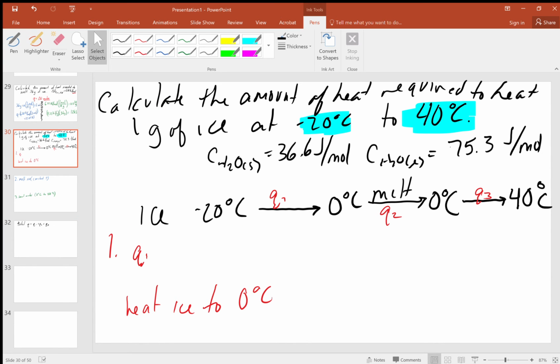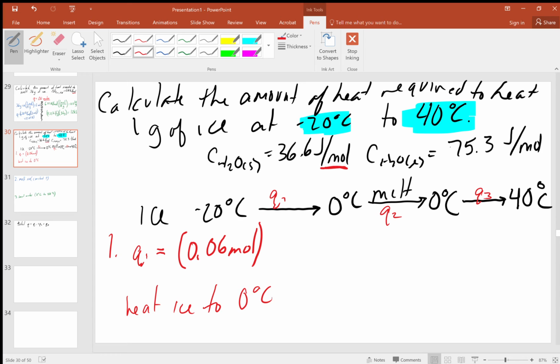So first we're going to calculate Q1. Q1 is our heating of the ice from -20 to 0. So I know we originally said this equation is m times c times delta T, but notice in this case the values for C are in moles. That's not a problem. All we need to do is convert our 1 gram of water into moles, and we get 0.06 moles.